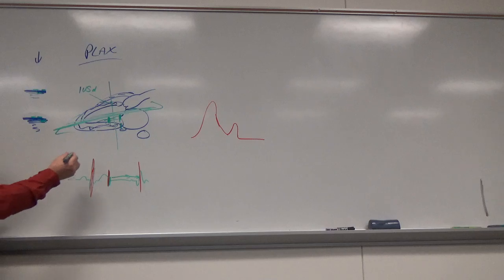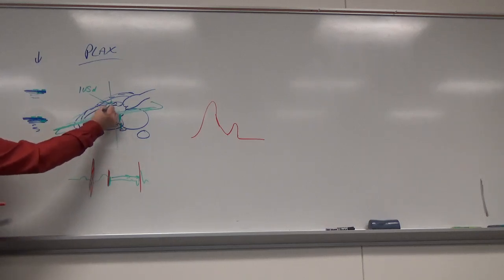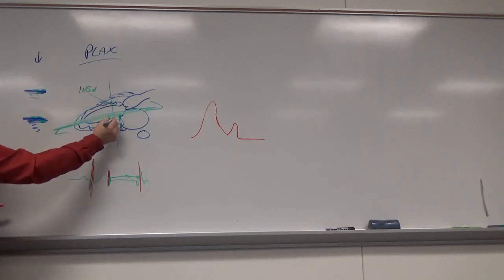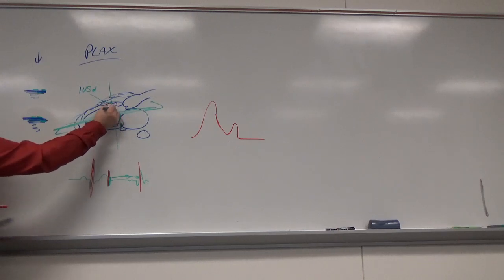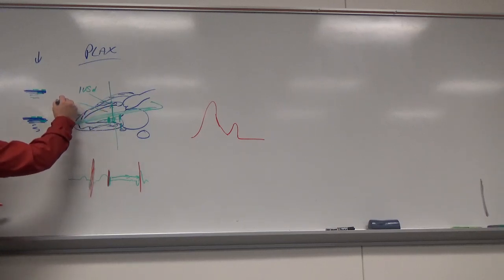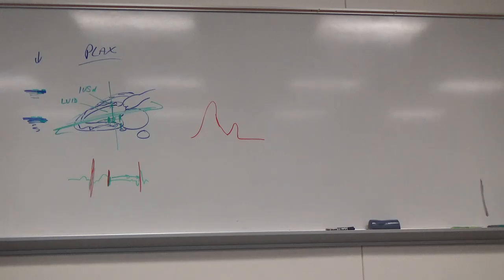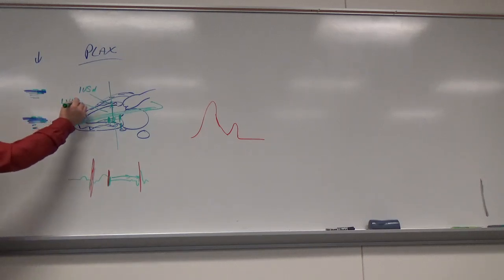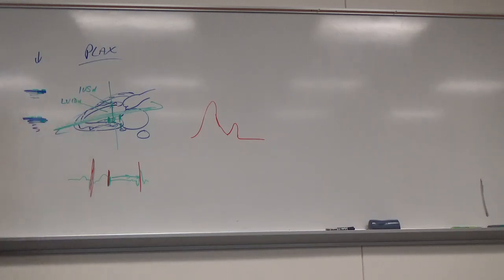Okay, so you measure that wall, and then you're going to measure the chamber. So that's IVSd. And then I'm going to measure the chamber size, because I want to know how big the LV is. This is called the LVID, for left ventricular internal diameter. Sorry, what was the first one again? IVS, interventricular septum.